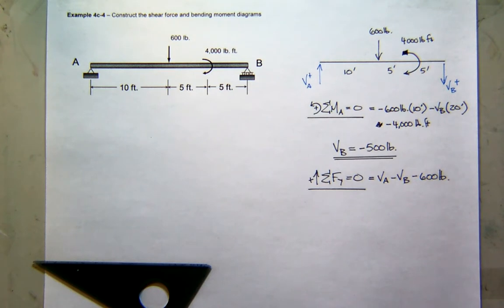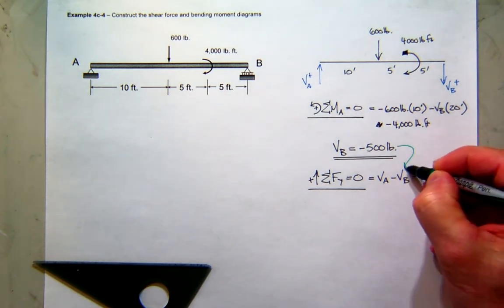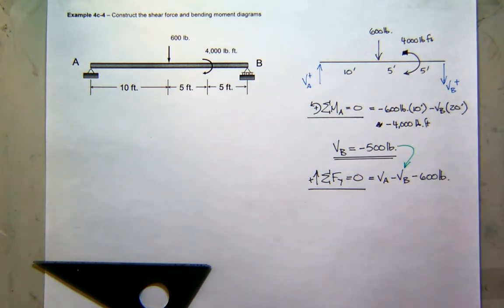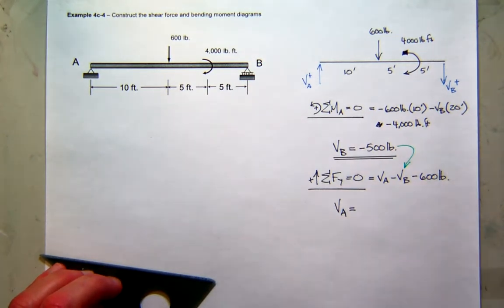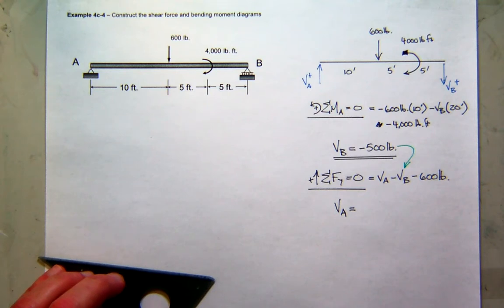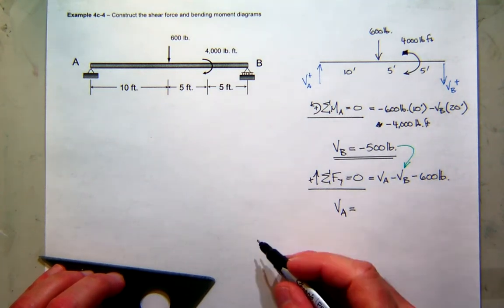And then, of course, we're going to put our value for shear force at B in there. And when you solve for the shear at A, you get 100.